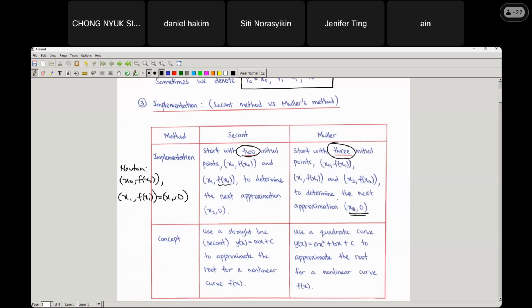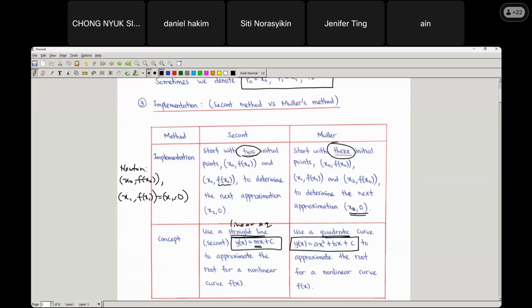This is the implementation. Now, for the concept: in Newton's method and the secant method, you use a straight line, or the linear equation, that is y equals mx plus c, where m is the slope or the gradient, to approximate the root for a nonlinear curve. However, for Muller's method, you use a quadratic curve, that is y equals ax squared plus bx plus c, to approximate the root for a nonlinear curve.